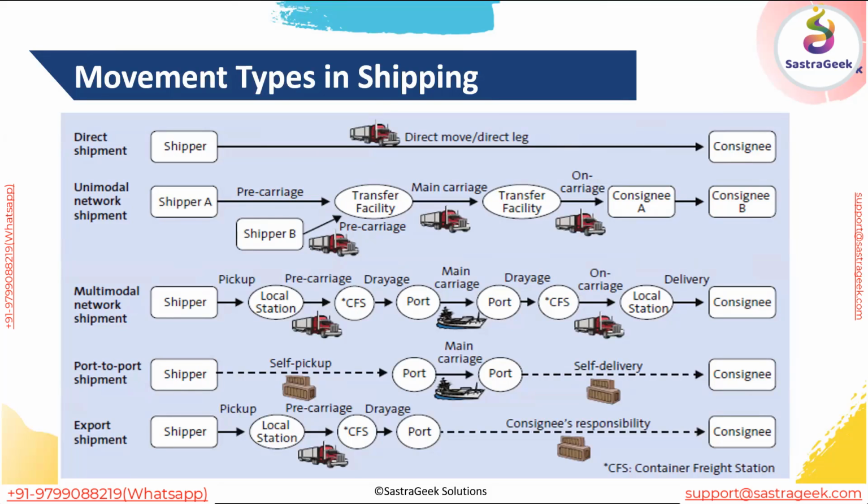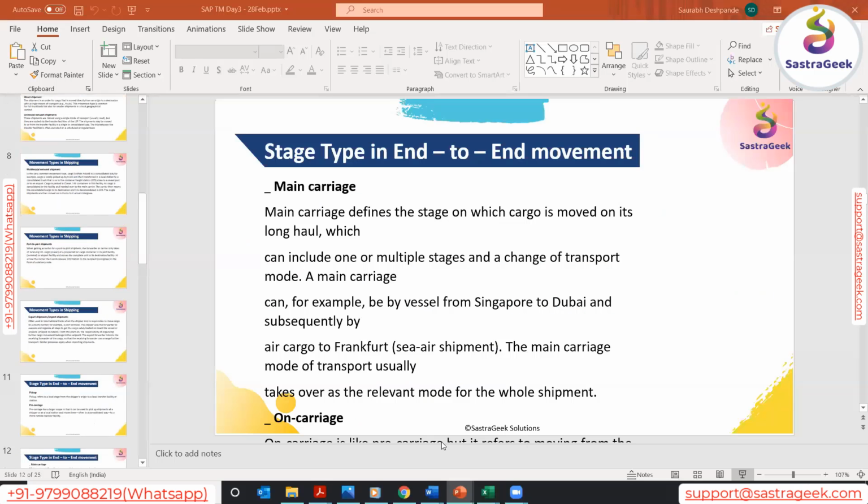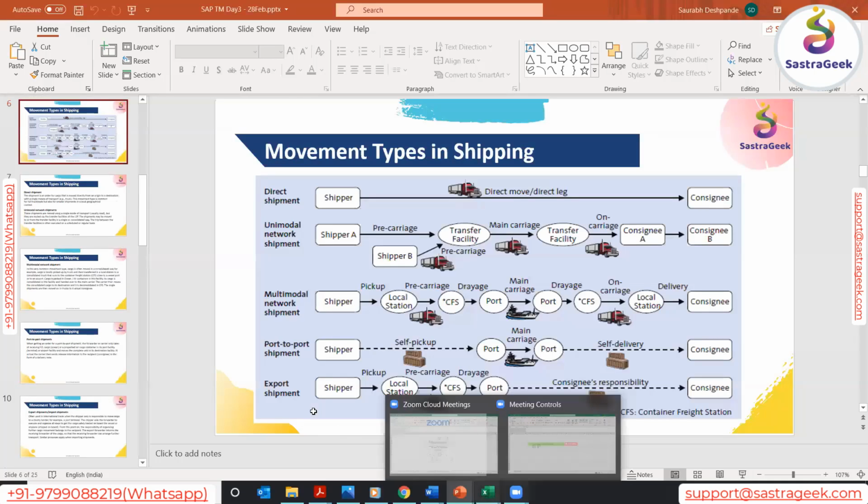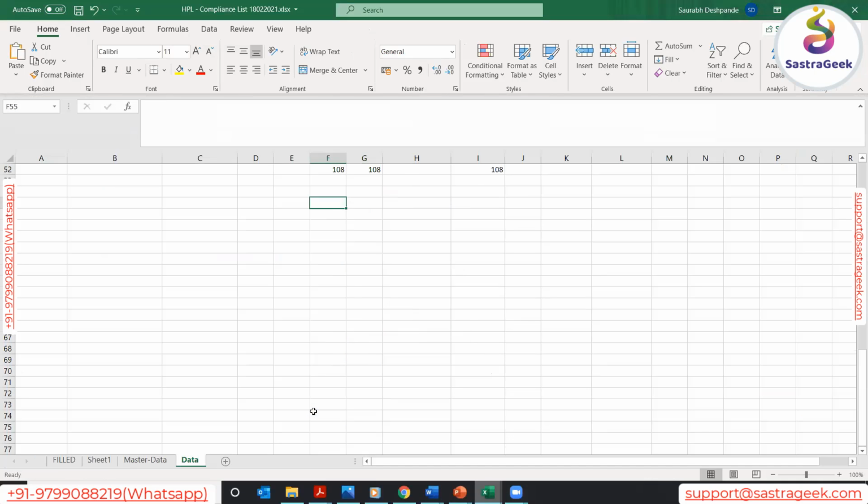Now I'm clearly talking about a scenario where an ECC system is there and a standalone TM system is there. A sales order is created in ECC.